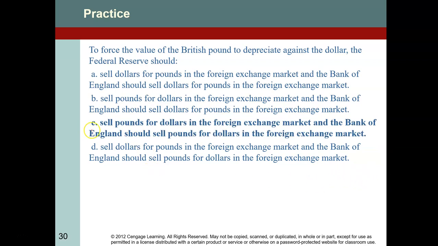The right option here is C. We want the value of the British pound to depreciate against the dollar. So we can, excuse me, it's actually increase its supply.